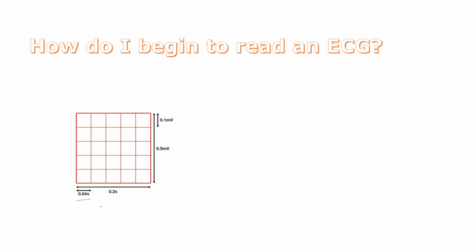So one large square, 5 millimeters, represents 0.2 seconds on the horizontal axis. On the vertical axis, each small square represents 0.1 millivolts, and the whole large square represents 0.5 millivolts.